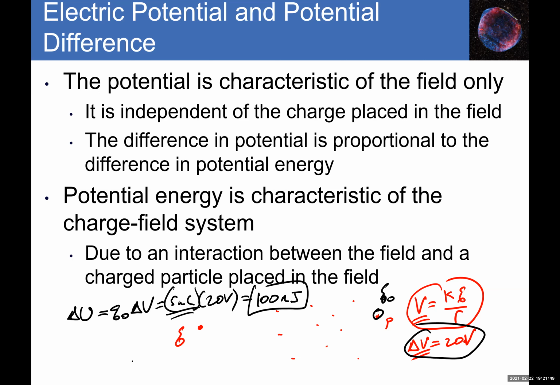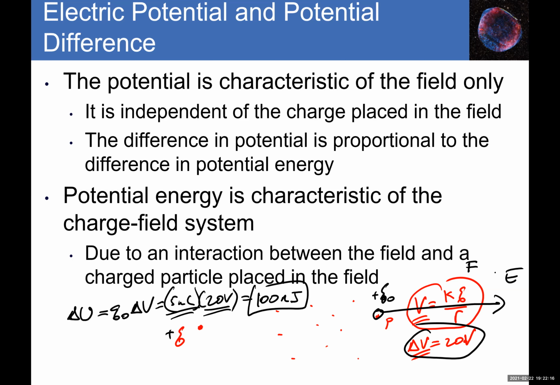So if the test charge is positive and the potential was positive, that means there was a gain of 100 nanojoules to bring that positive test charge from infinity to that point P, which makes sense. Because if this is positive and this is positive, it will never on its own come to this point P. The field is in that direction, and we were bringing this opposite to the direction of the field.